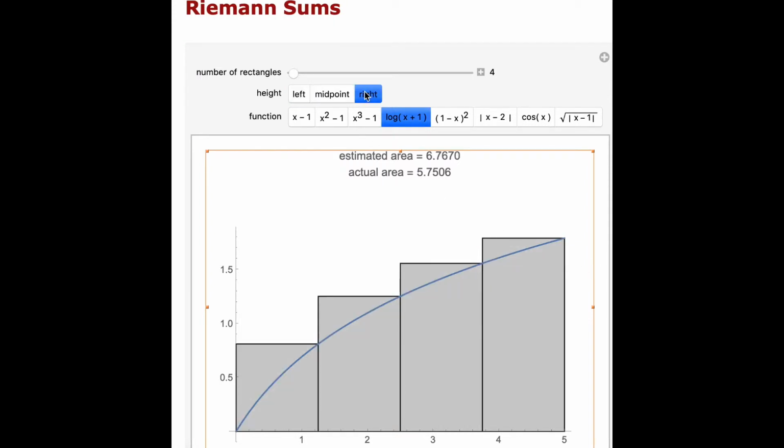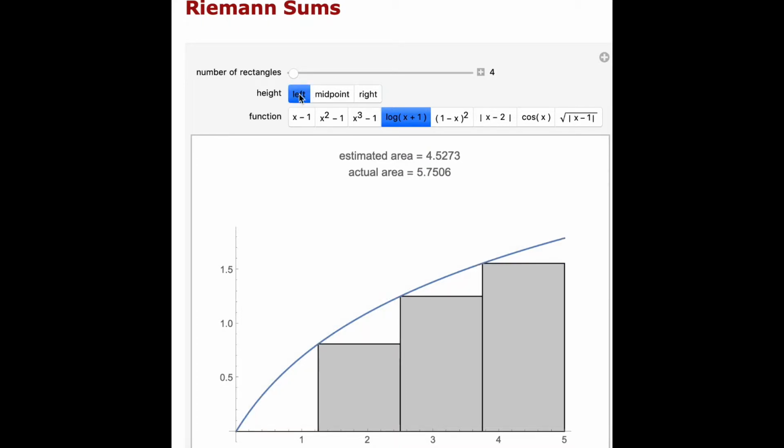There's a corresponding right sum, where I take the height of the rectangle to be the rightmost endpoint and its point on the function. With this in mind, I can see that for this graph in particular, the left side will drastically underestimate the area under the curve because all this white space is unaccounted for, which I can see because the actual area is 5.75, but the estimated area is 4.52.